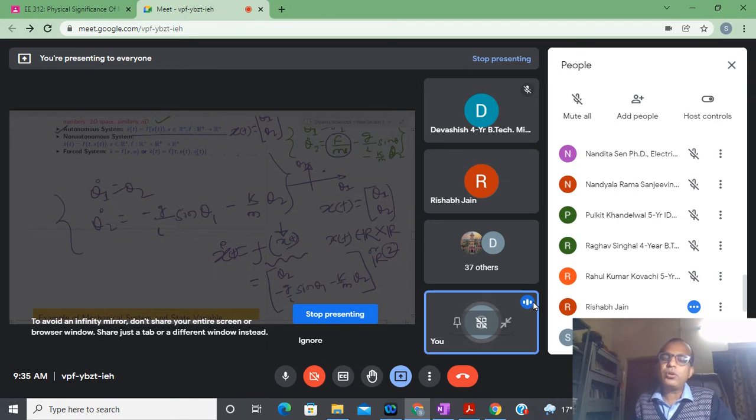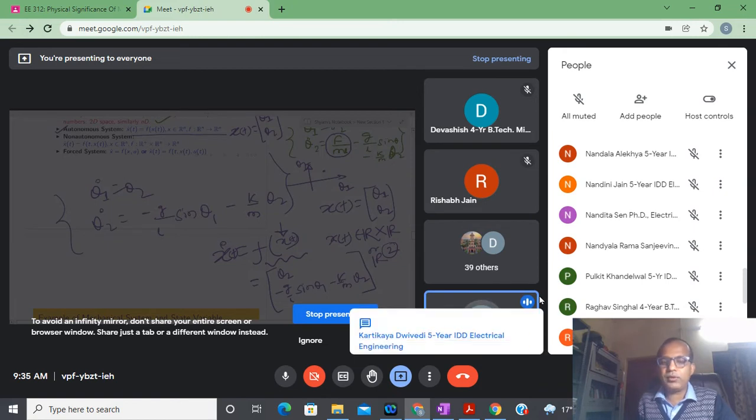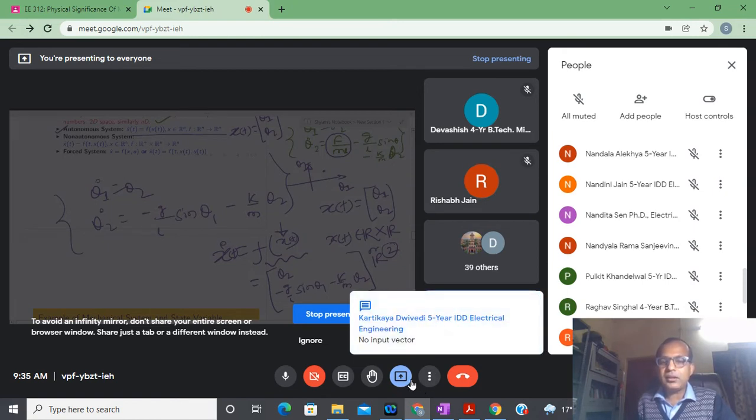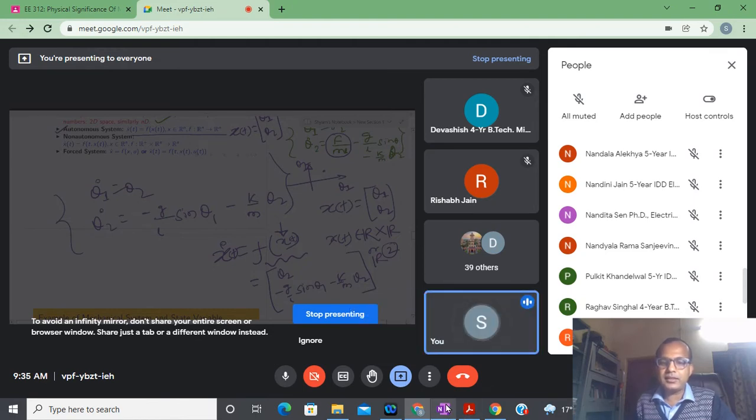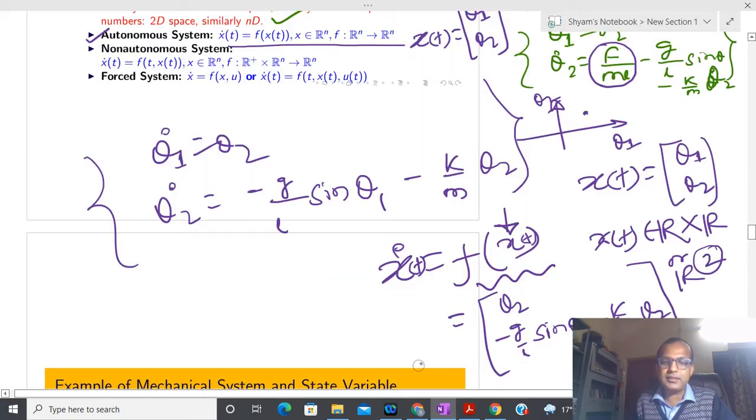Whenever we are talking about autonomous or semi-autonomous, semi-autonomous means sometimes some people are involved in the decision process. Autonomous means no influence of the external one, so what we are assuming is that there is no input vector. Karthikeya has written exactly the same.